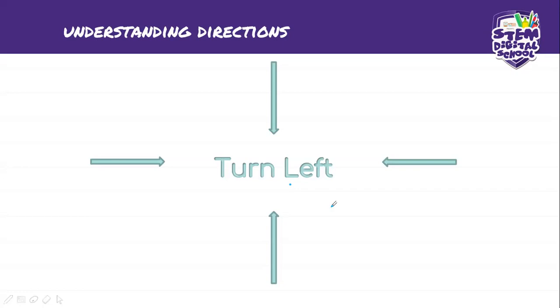Okay, so pretend we are moving from this side over here. If we are going to turn left, we're going to turn in an upward direction. If we're coming from the right, if we are going to turn left, we are going to turn down.